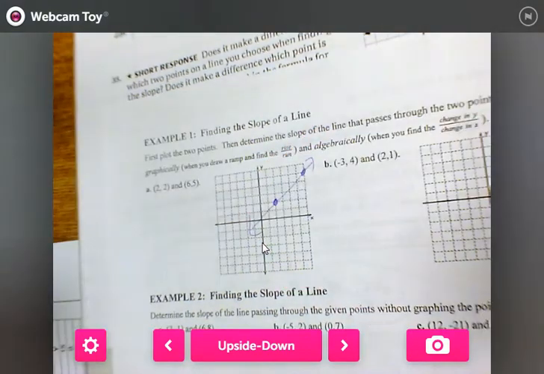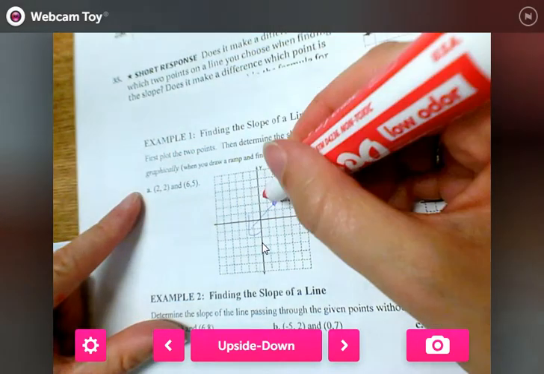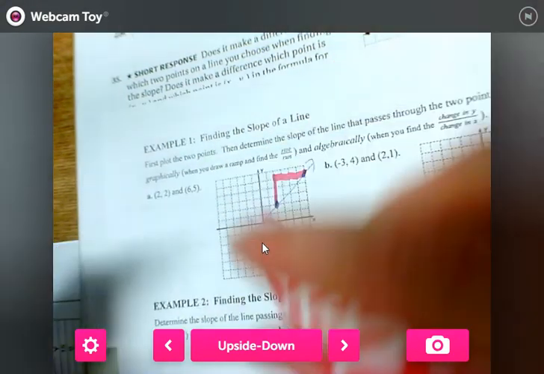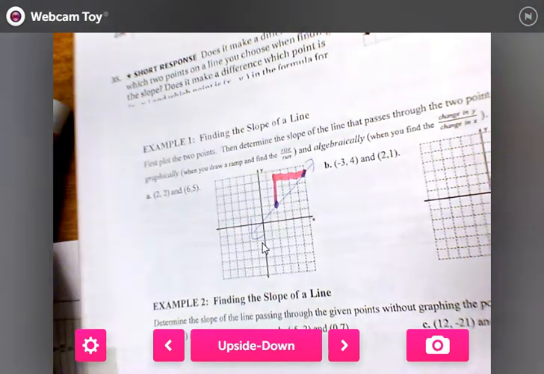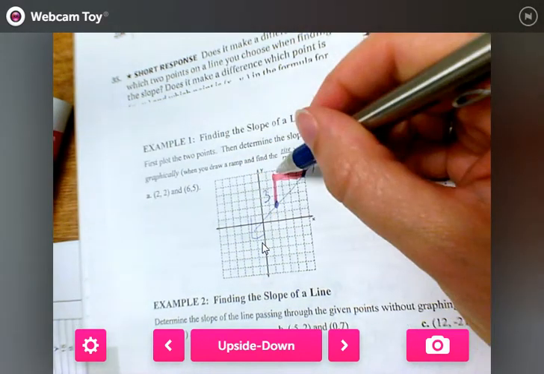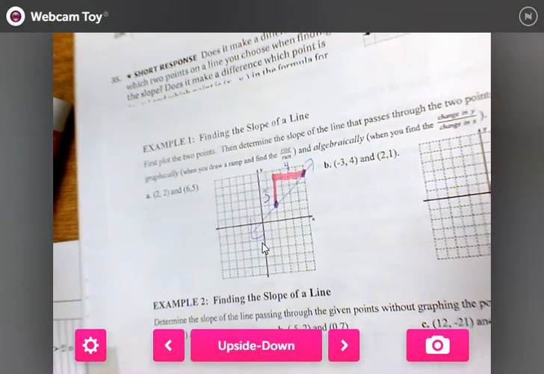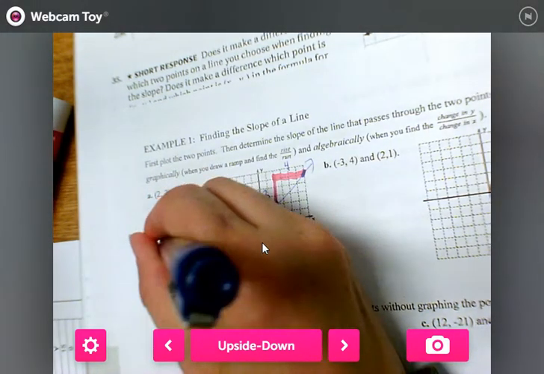Okay? And then right here, this is how I determine my slope. Rise over run, right? I'm going up 1, 2, 3. I'm going over 1, 2, 3, 4. So my slope is 3 over 4.